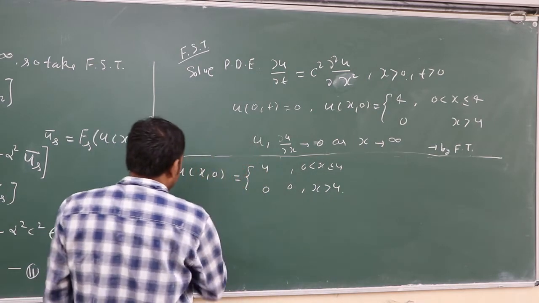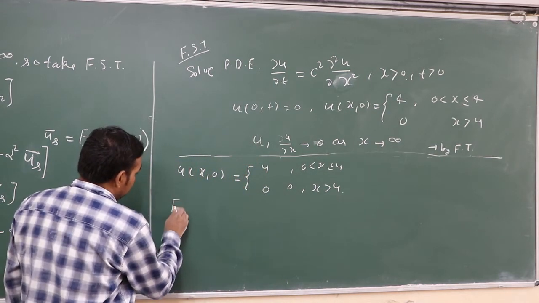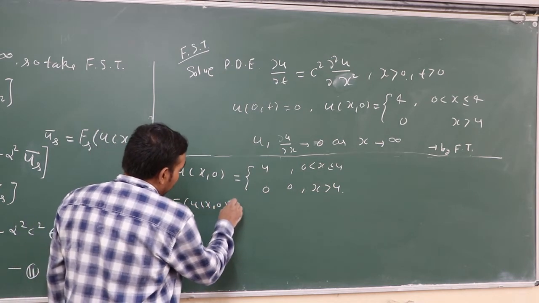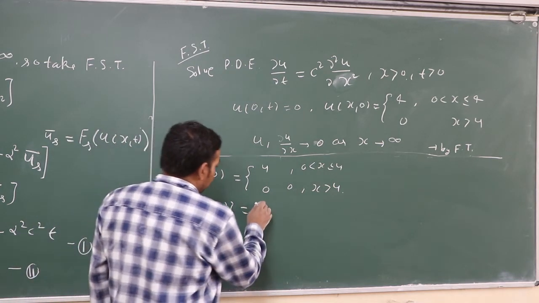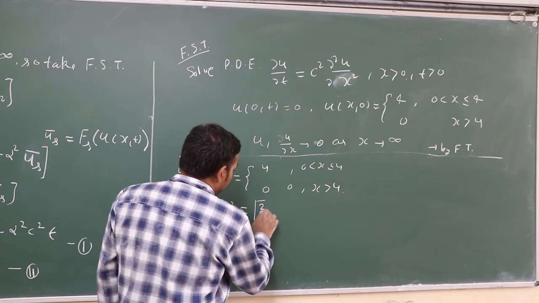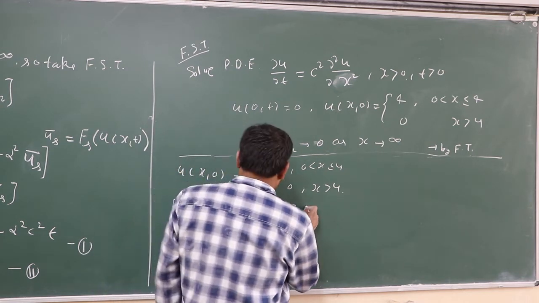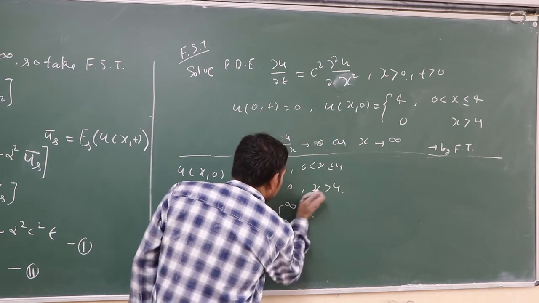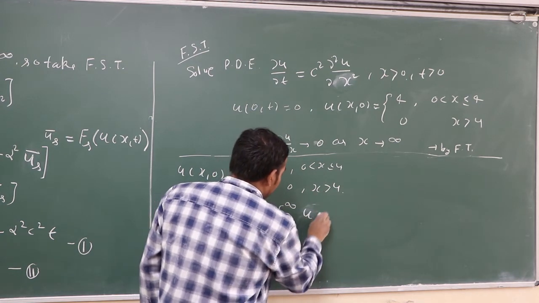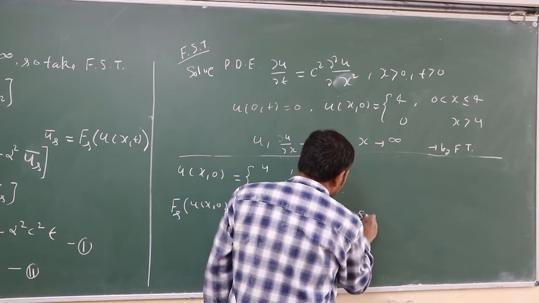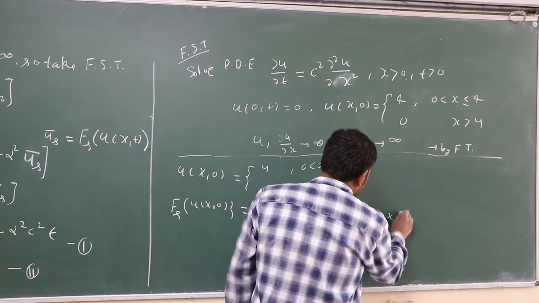So take the Fourier sine transform of u(x,0), that is under root 2 upon pi, integral 0 to infinity of u(x,0) sine alpha x dx.